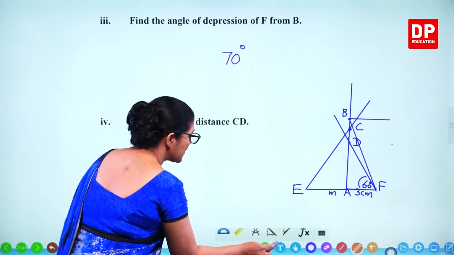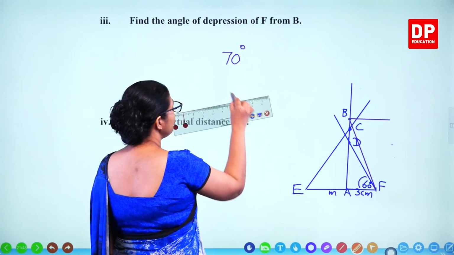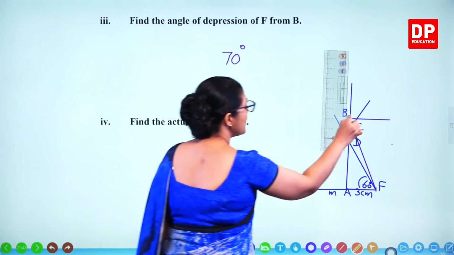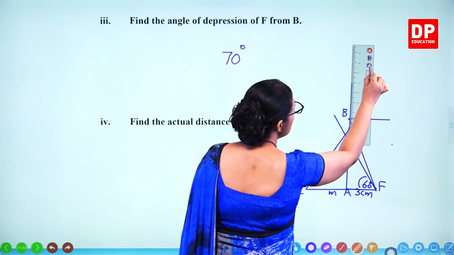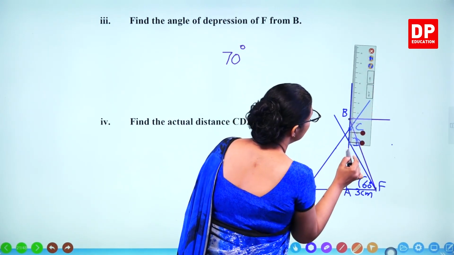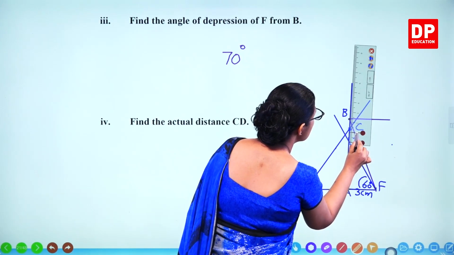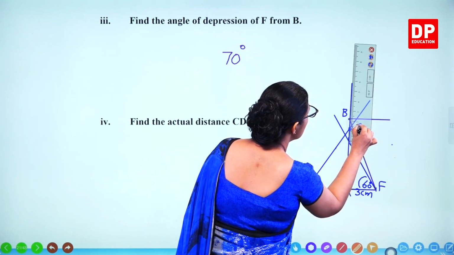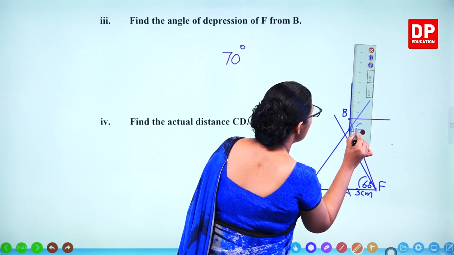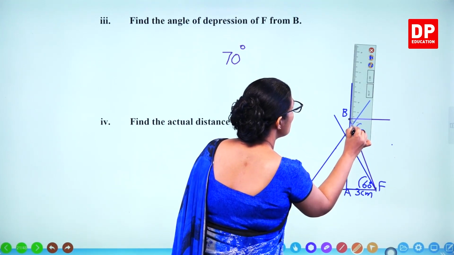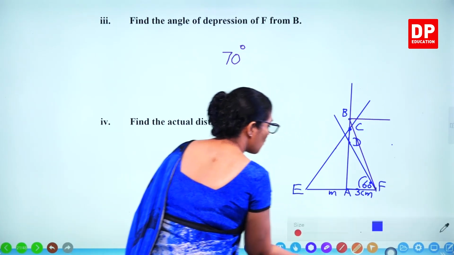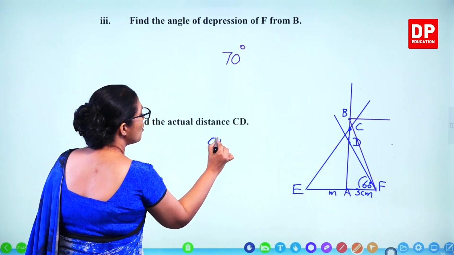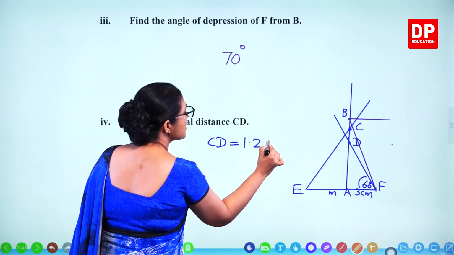So we have to measure the CD length. So we'll take the ruler here and measure the length. This is 1.2, here to here, CD length 1.2 centimeters.